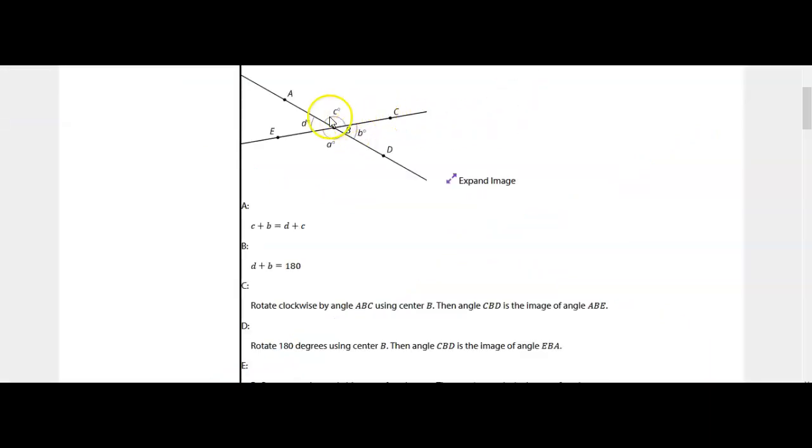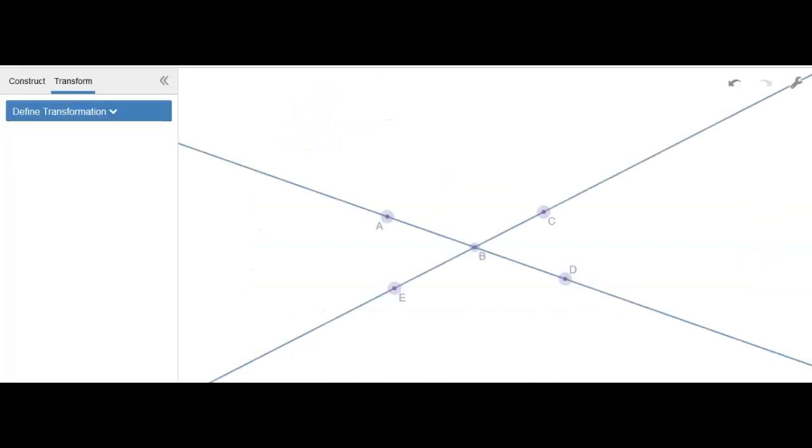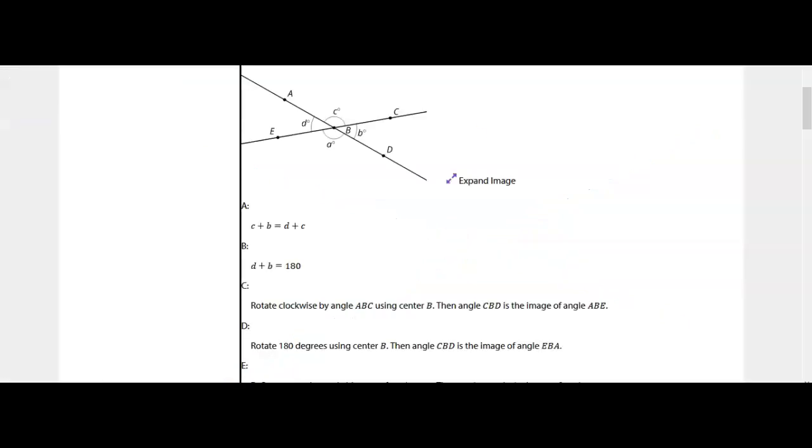Sorry, these two angles right here, C plus B, is equal to C plus D. If you look at these two angles together, they are a linear pair, meaning that they make up a 180-degree angle together. And these two angles over here are also a linear pair, which means that they are also supplementary. They add up to 180 degrees. So A would actually be a correct choice for this one.